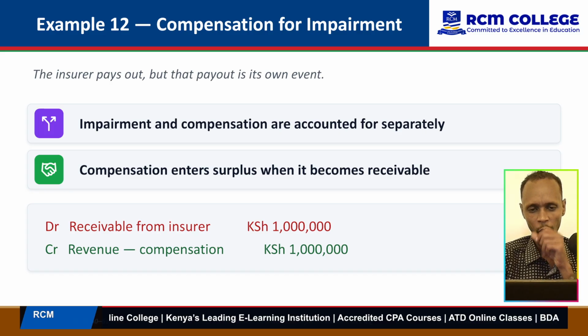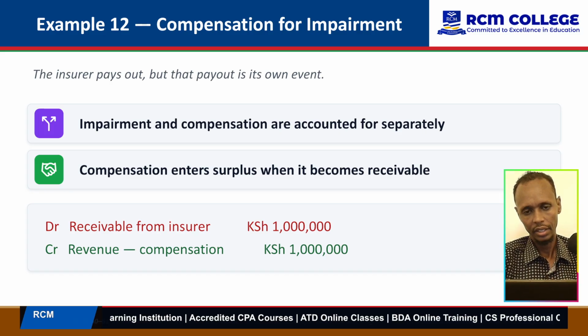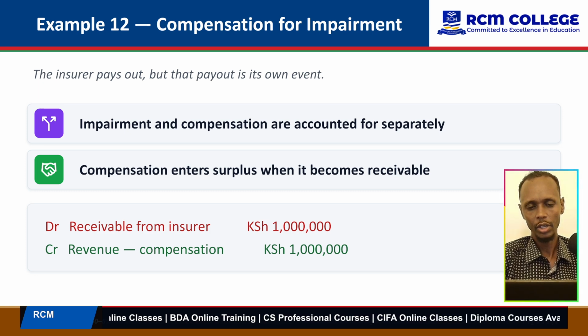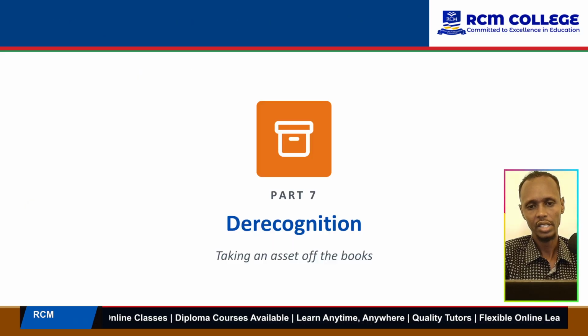If you have received the cash, debit bank, credit revenue. If you have not received, then debit receivable.